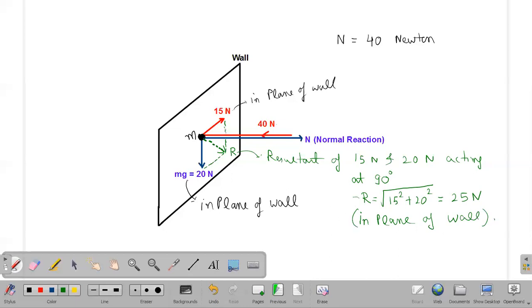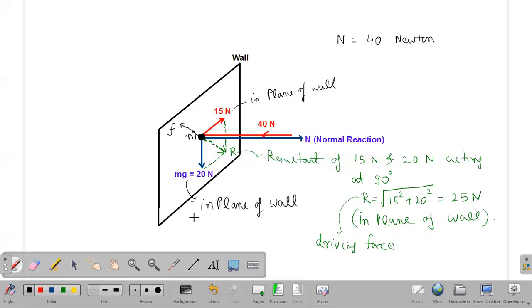And this resultant will become the driving force for the object. This resultant is the driving force. That means this resultant will try to move this block. And when this resultant will try to move this block, the friction force will appear opposite to this resultant to oppose the motion, if possible.